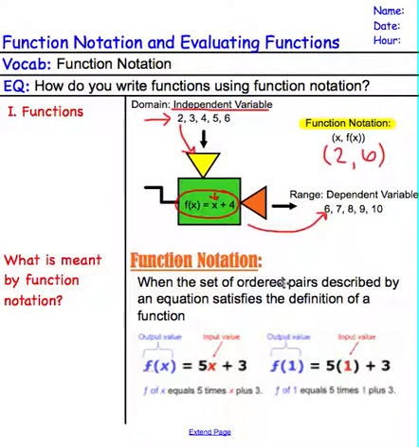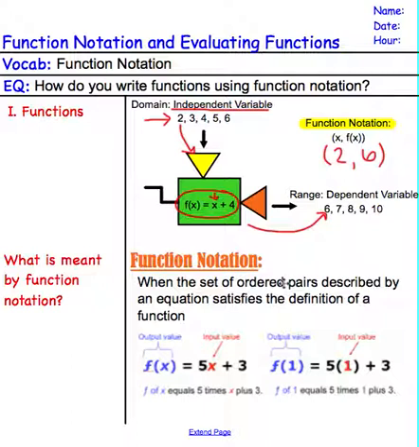So if we look at this example down here, f of x is our output value. That's what defines that it is a function. And our input value is going to be that x into the function 5x plus 3. So f of x equals 5 times x plus 3 would be how you would read it.